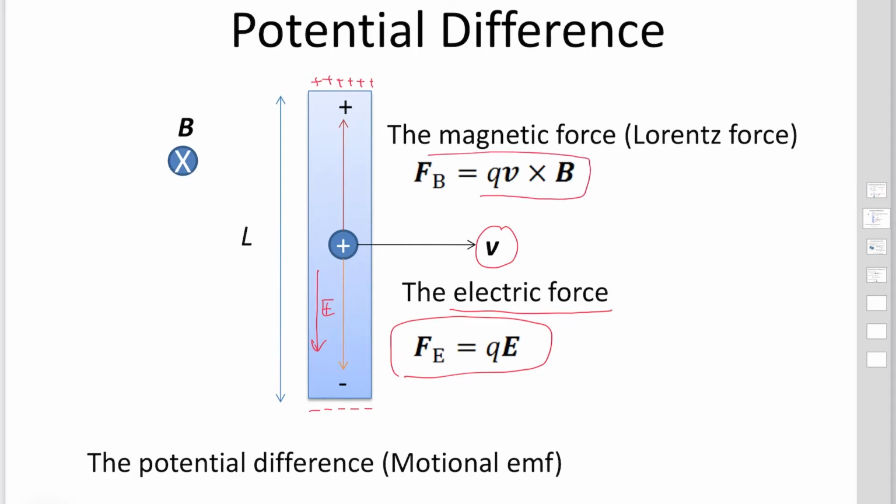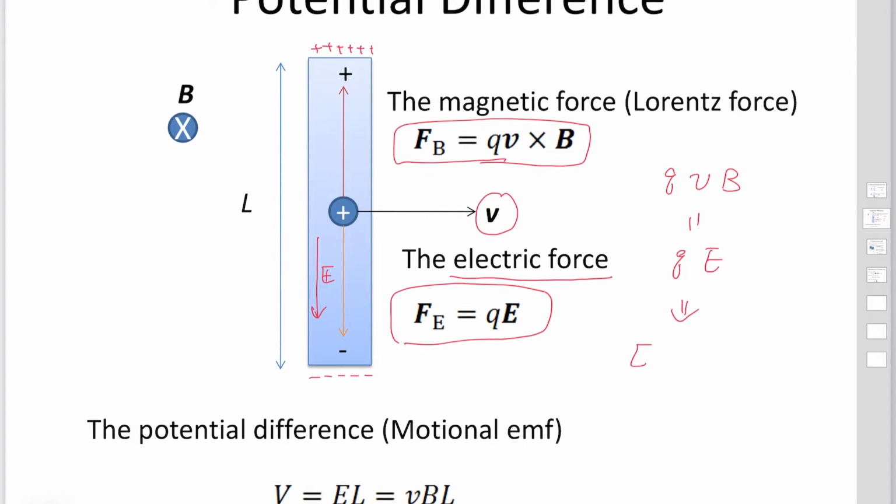The magnitude of the Lorentz force is QV cross B. So QVB has to be equal to QE. From this equation, the induced electric field inside of the slit wire is expressed as V times B, the velocity times the magnitude of the magnetic field.